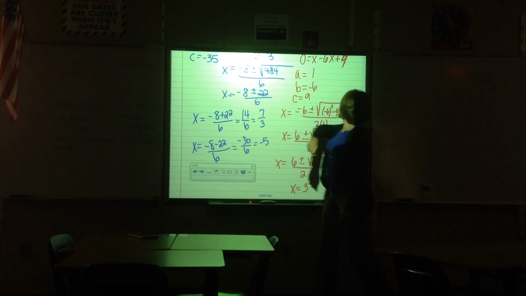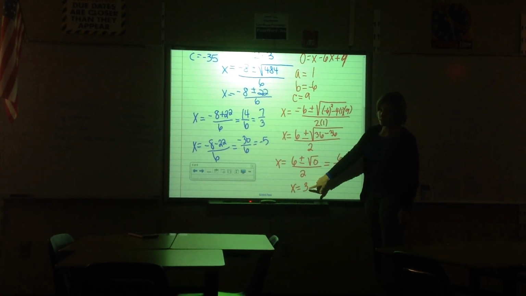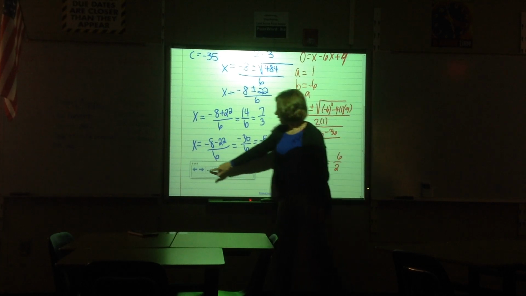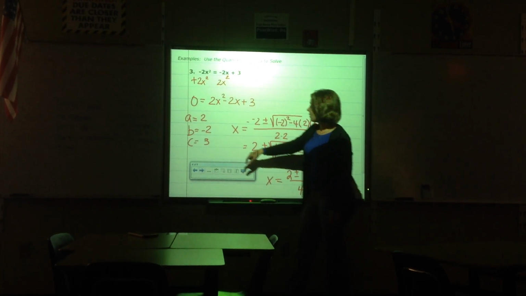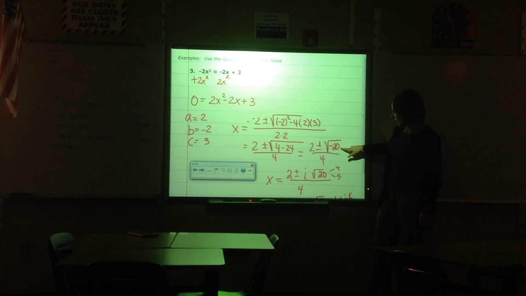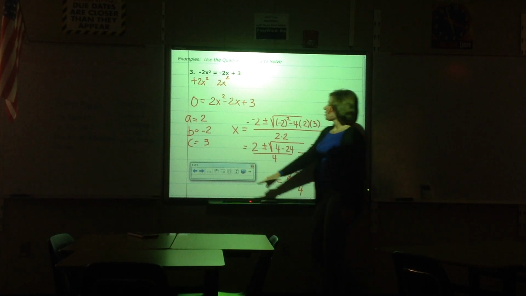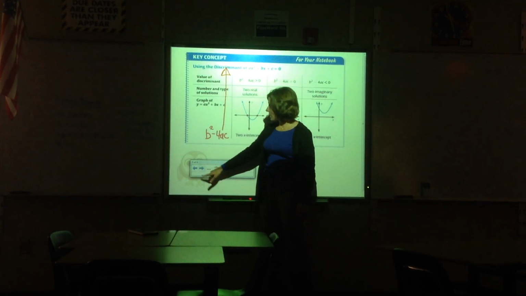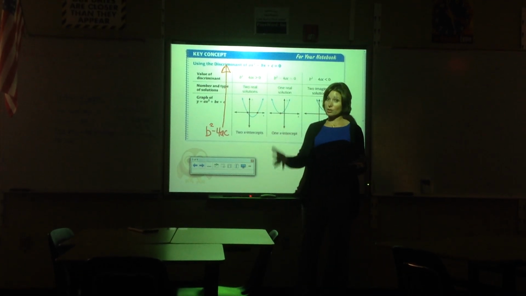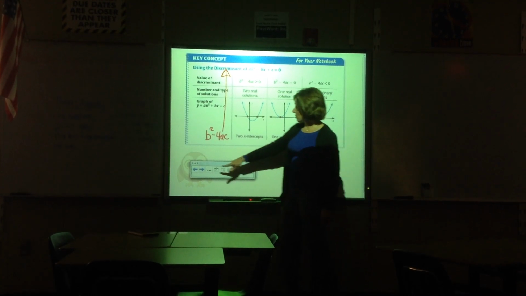Okay? Back here, my discriminant ended up being 0. So I ended up with 1 solution. And if you remember on our last example, my discriminant ended up being negative, so we had 2 imaginary solutions. Okay? So when we're trying to determine just what kind of solutions, we're not asking what the solutions are, just what kind of solutions we're going to have, we can look at the discriminant.